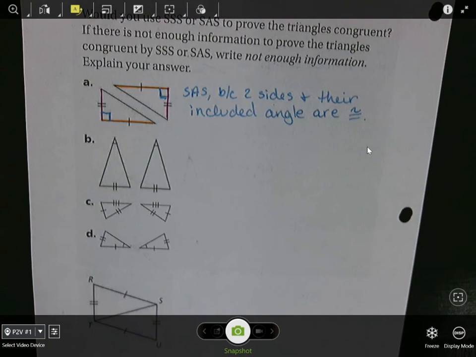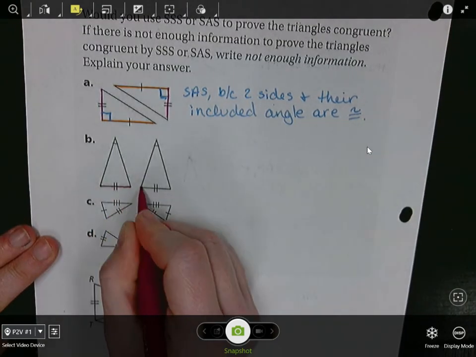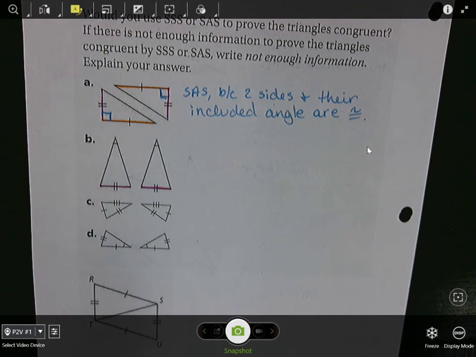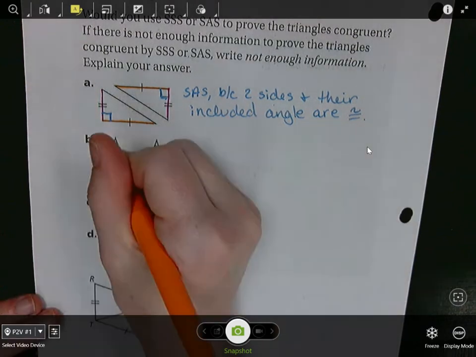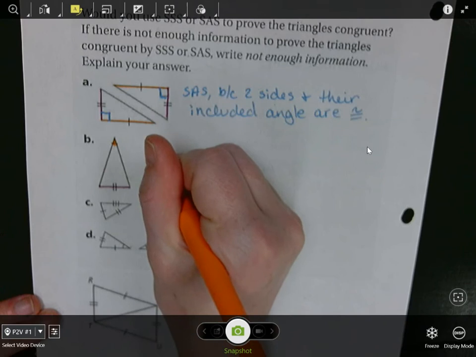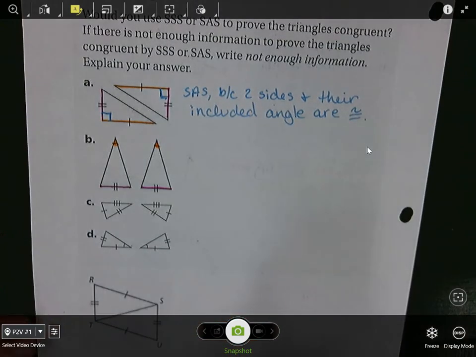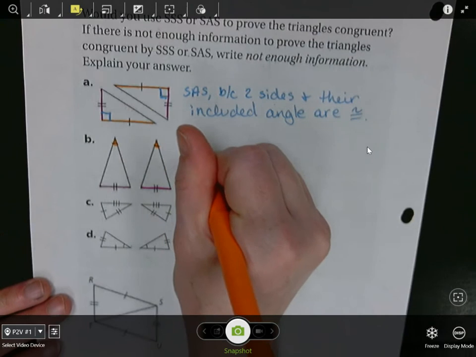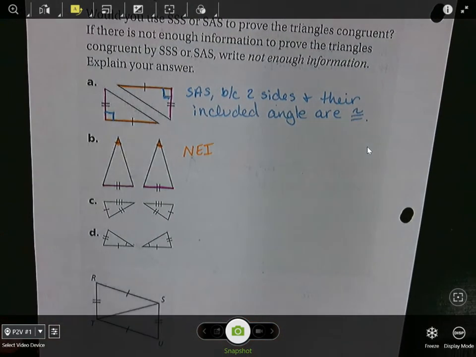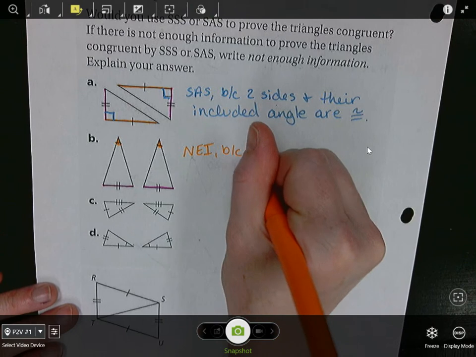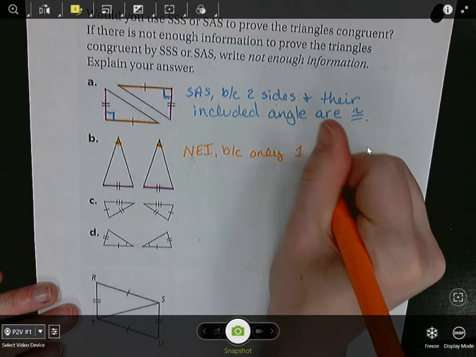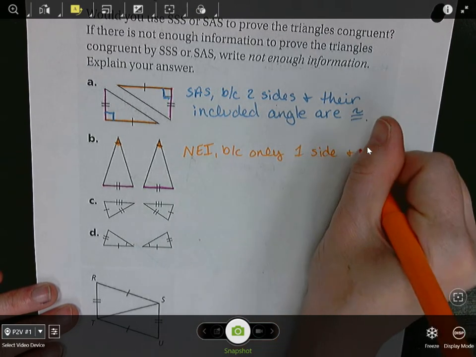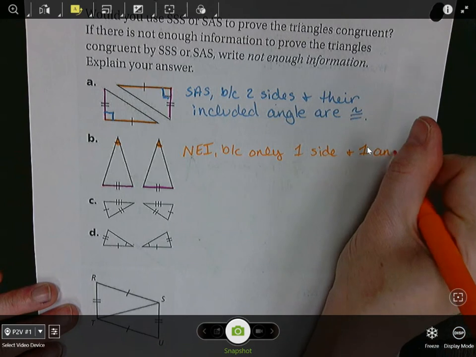And that's because two sides and their included angle are congruent. Okay, looking at the next one, you have this pair of sides and then this pair of angles. That's only one pair of sides and one pair of angles, and there's nothing else I can mark congruent, so that would be not enough information, and you can put NEI, and that's because only one side and one angle are congruent.